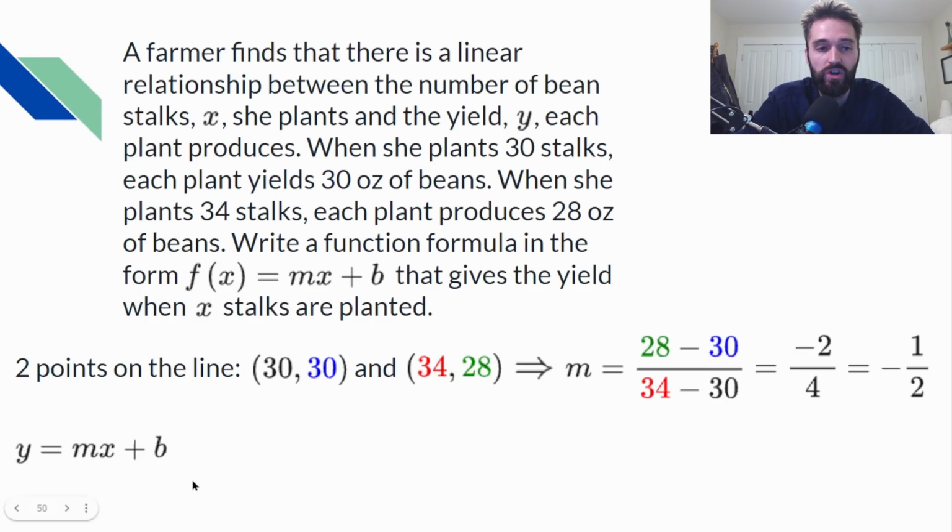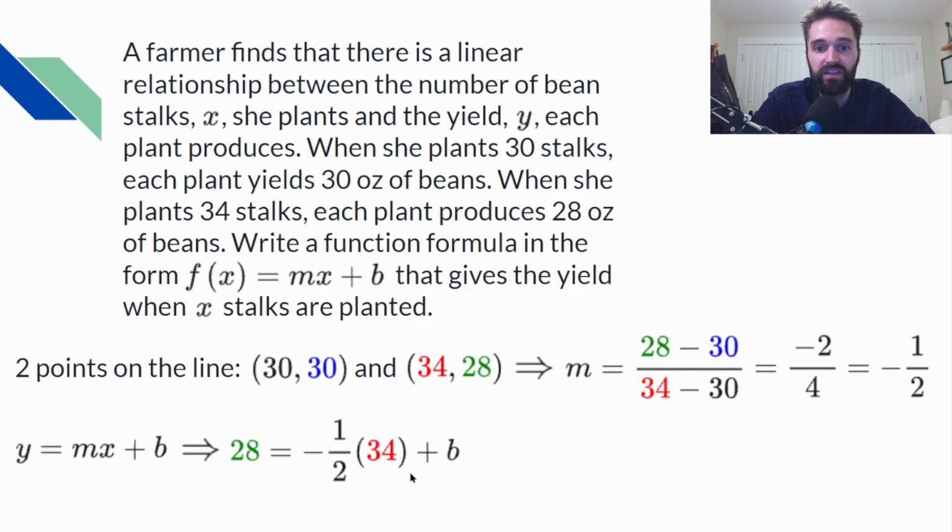So let's take the equation y equals mx plus b, and let's plug in negative 1/2 for m. And then we'll take this point. This is a point x comma y on the line, so it satisfies this equation. So we can plug in 34 for x in red here, and we can plug in 28 for y in green. Okay?